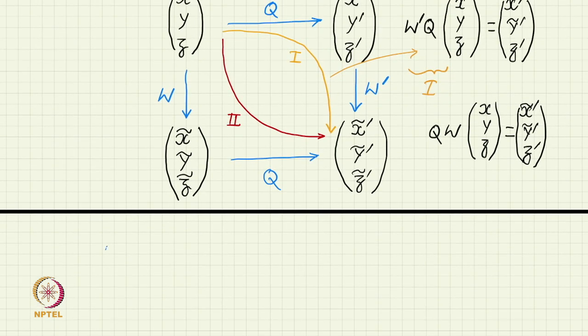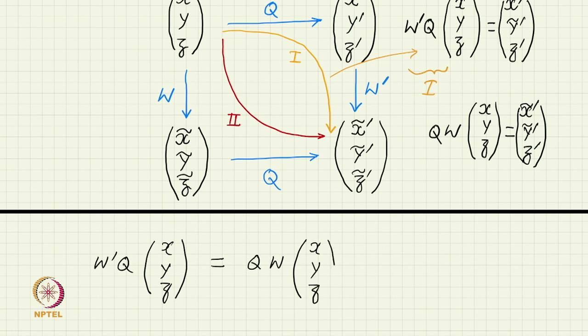So, that means w prime q x y z should be q w x y z.